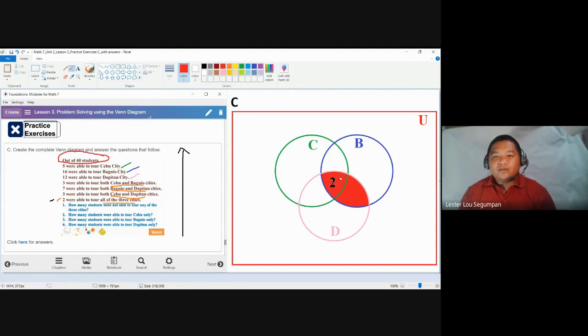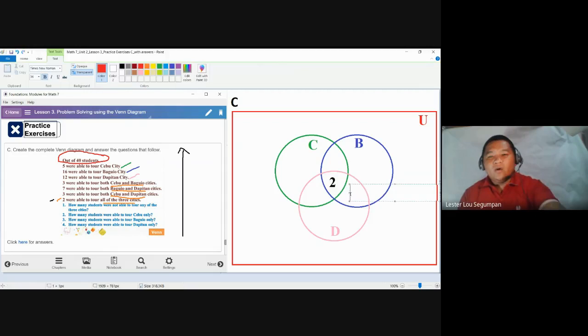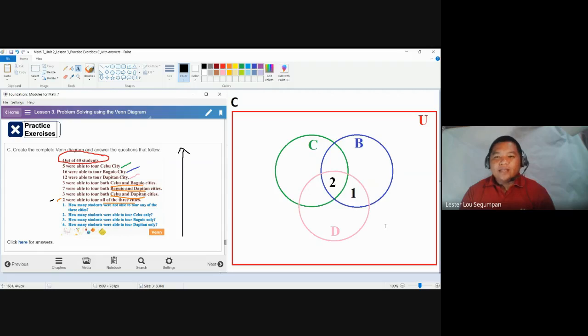However, two is already part of this area, and there are only three. So since we already have two here, what we need to do is place one additional student here. This makes sense. Three students were able to tour Dapitan and Baguio, and two students were able to visit Cebu, Baguio, and Dapitan cities.